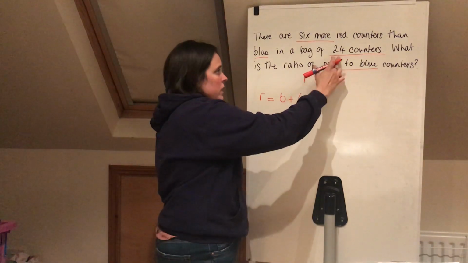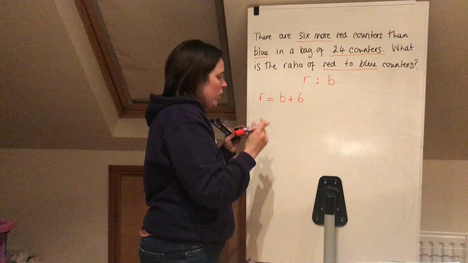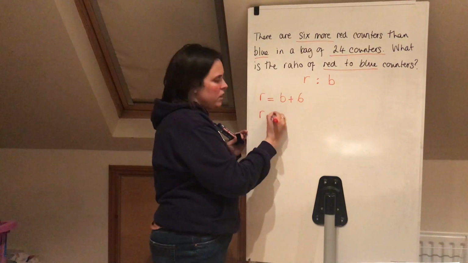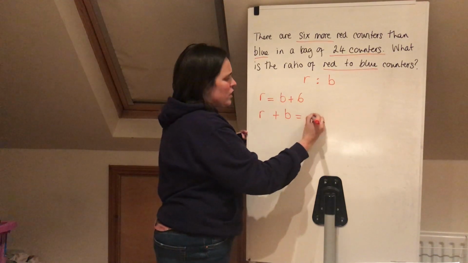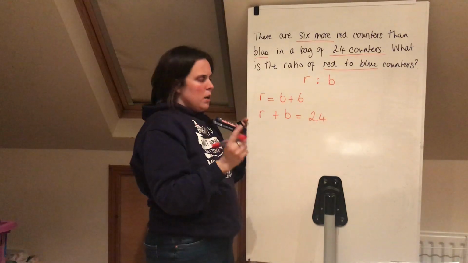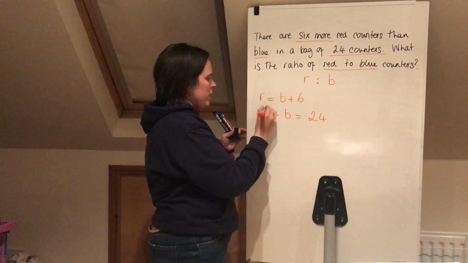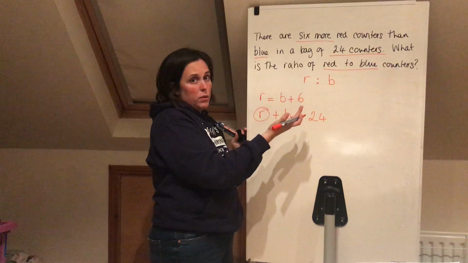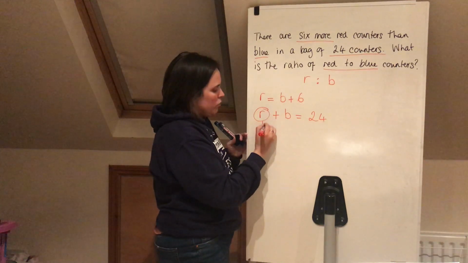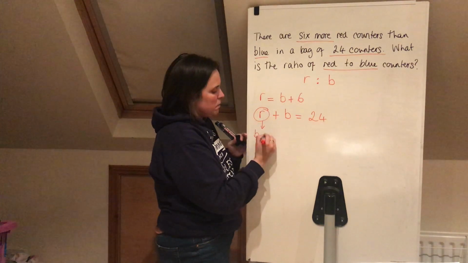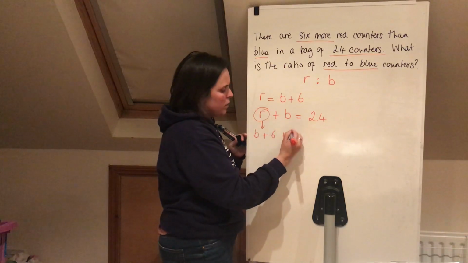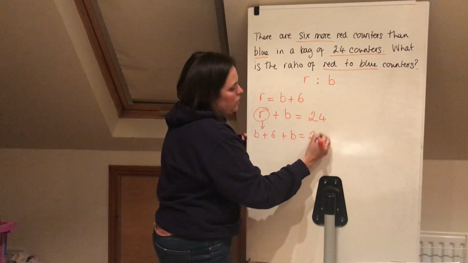We know there are 24 counters, so the number of reds plus the number of blues is equal to 24. But we also know that the number of reds is equal to the number of blues plus 6. So we can replace that with the number of blues plus 6 plus blues is equal to 24.